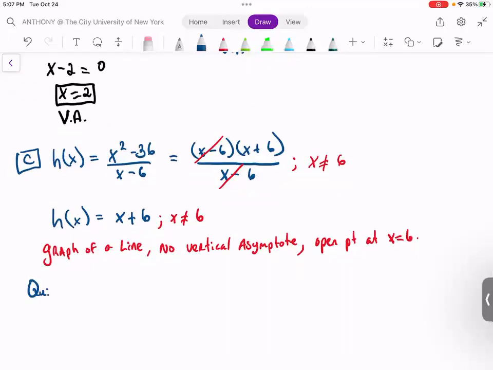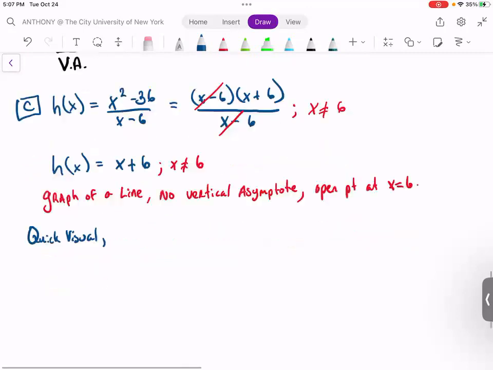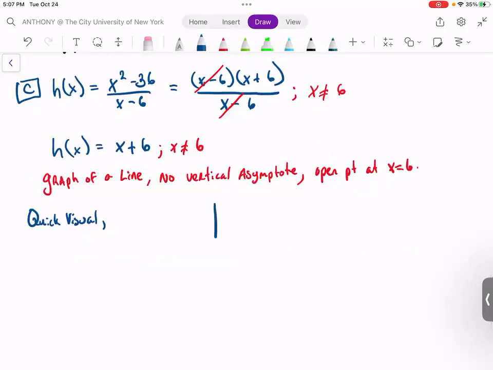Quick visual, not drawn to scale. As you probably know, my visuals do not come out very, very well. No matter what I do, I'm not a good artist. Here's the y-axis, here's our x-axis. So here's the origin. So for h of x equals x plus 6, we know that it has a y-intercept of 6. And we know that its slope is 1, so it's a line that should be increasing.